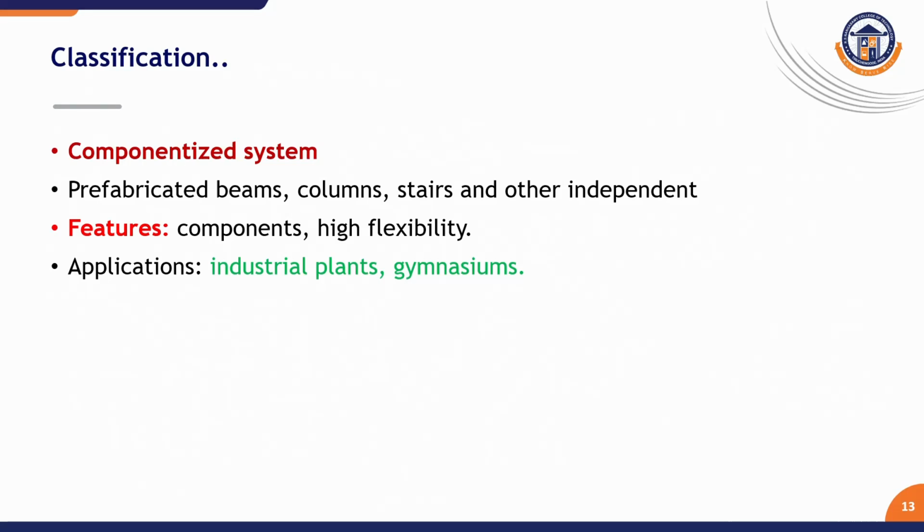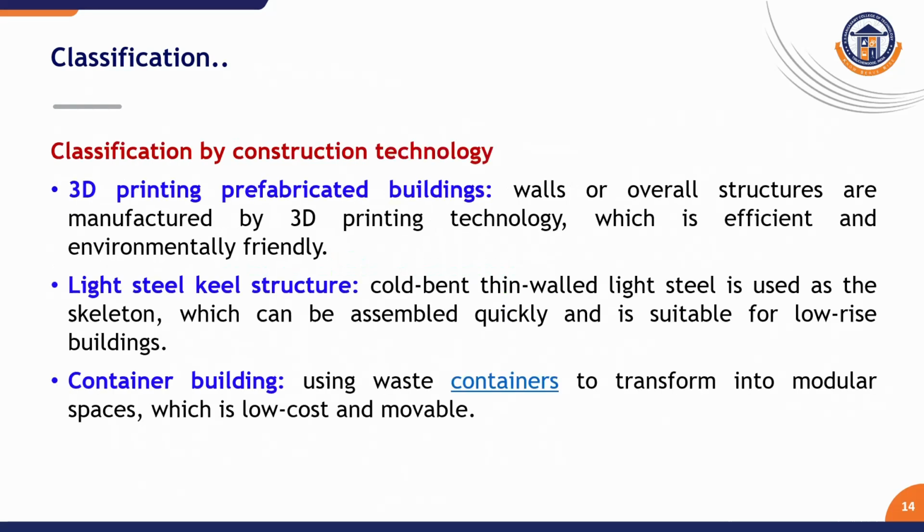And in componentized systems, independent beams, columns, stairs are prefabricated and used in industrial plants and gymnasiums.